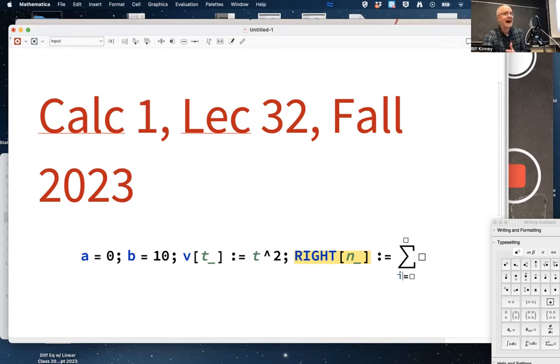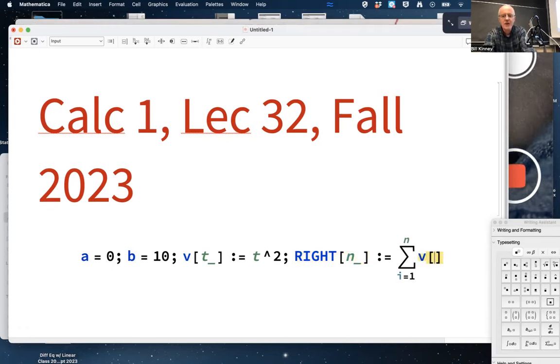A typical letter to use here is i. i goes from 1 to n. The convention here with summation notation is that i will first be 1, then it will be 2, then it will be 3, then it will be 4. It gets incremented up by 1 unit each time until you get to i equals n. And whatever formula you write down to the right of the summation, that's the terms that get added. That's kind of confusing. Let's see if we can dispel the confusion.